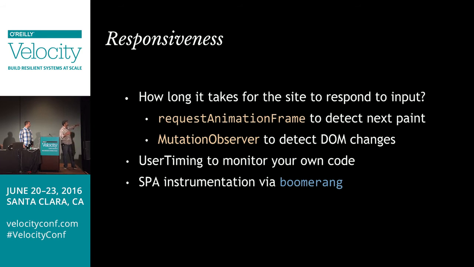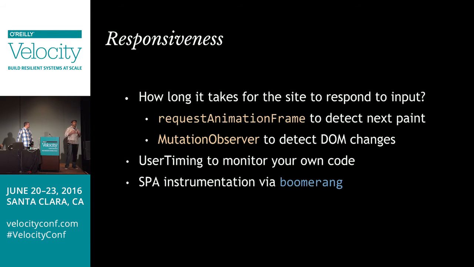We can use request animation frame on the event handler of that particular click or key press to see when the browser was next ready after that key press for drawing something on screen. We could also use mutation observer to see whether the DOM has changed, or use the intersection observer to see if certain elements have suddenly become visible. Especially in a single page app, you click on a link, it doesn't actually reload the page, but it may fetch something and display that on screen. So you want to see if the DOM has changed.